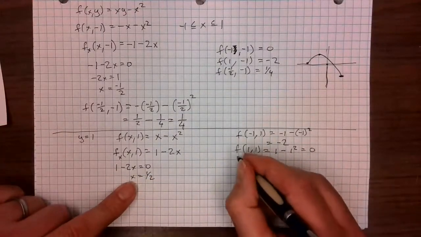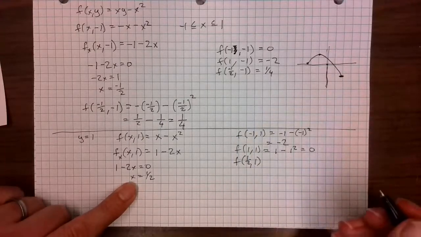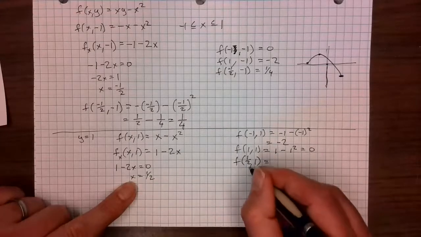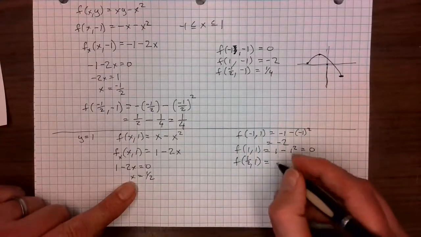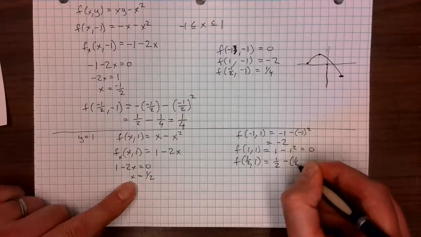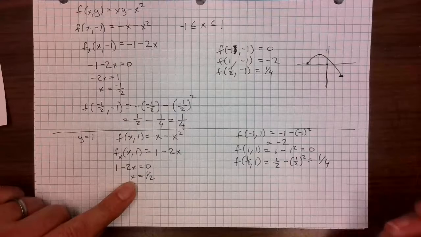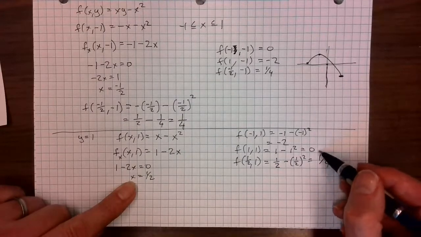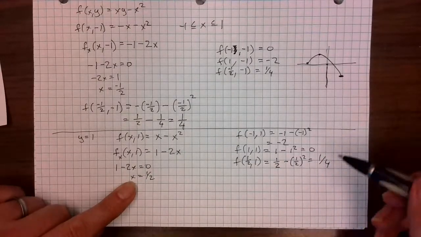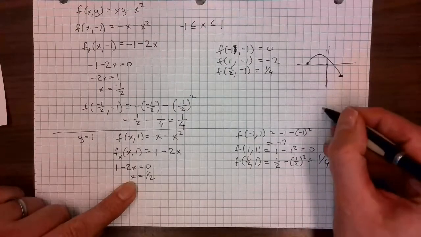So I just need to figure out at 1/2 what do I get? x is 1/2, and y is still 1, right? So I get 1/2 minus 1/2 squared, again a quarter, right? So again, I'm getting a quarter as the maximum on this little piece of the boundary.